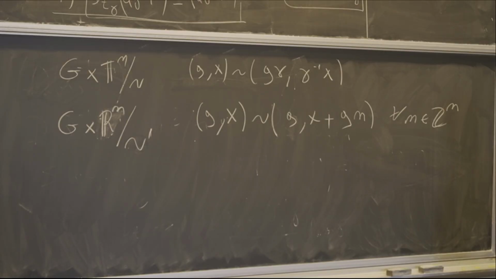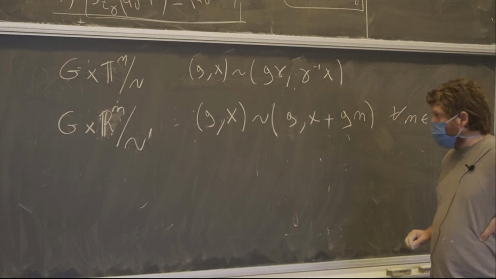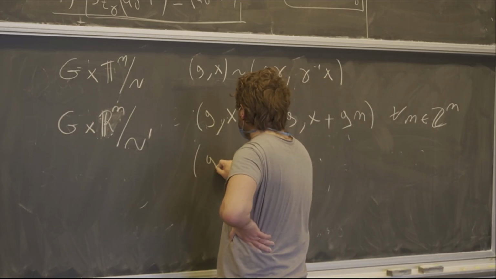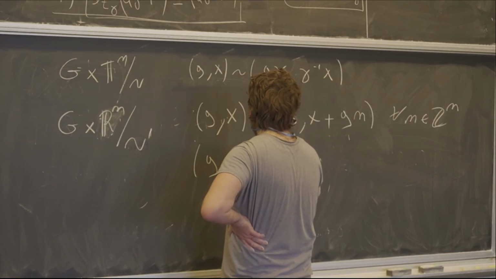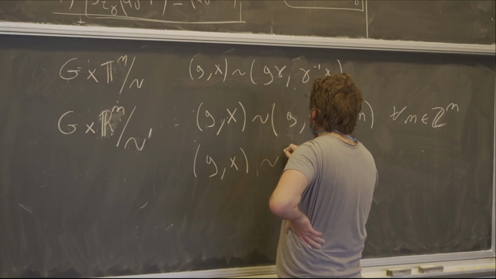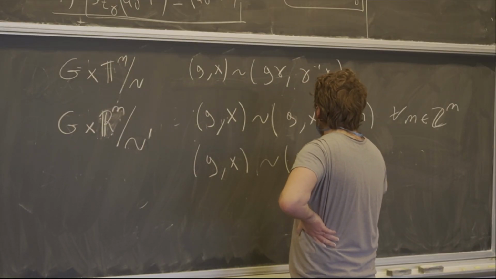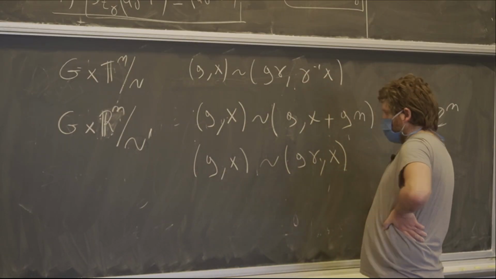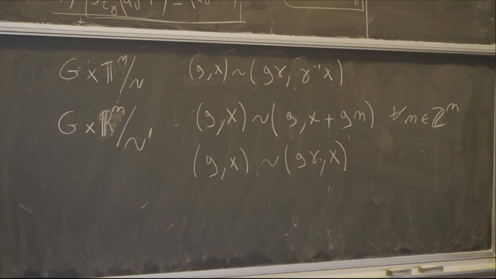So this is the first equivalence, and the second equivalence will be that Gx will be related with G gamma x. That's the second.